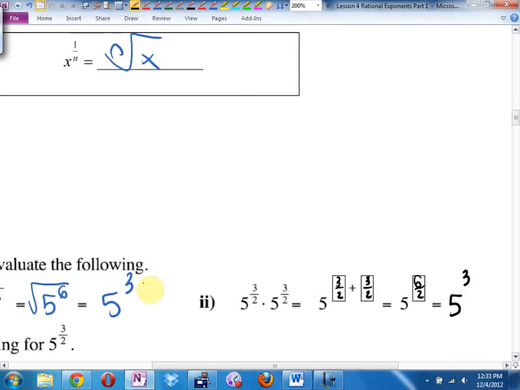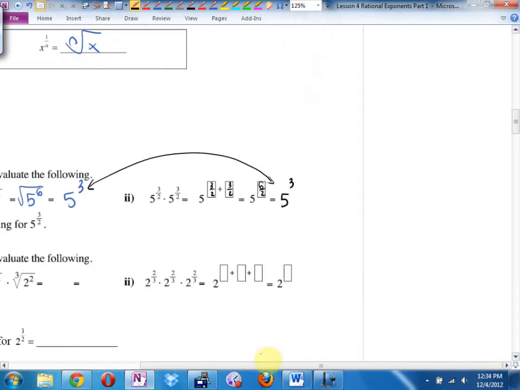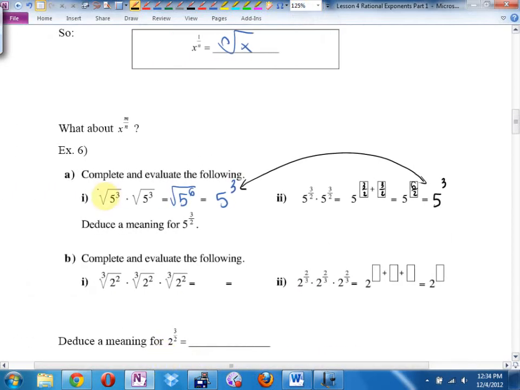Curtis, here's what I want you to notice. Did I get the same answer? Then, if I got the same answer, doesn't that mean that that is the same as that? Yeah? And when it says deduce a meaning for 3 over 2, where'd the 2 come from?